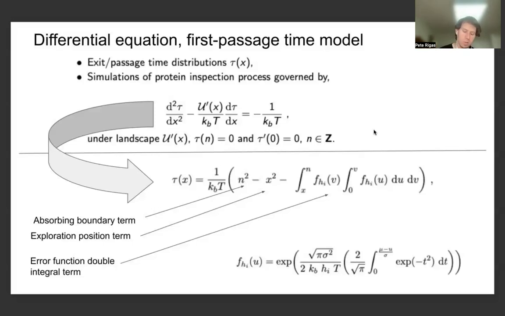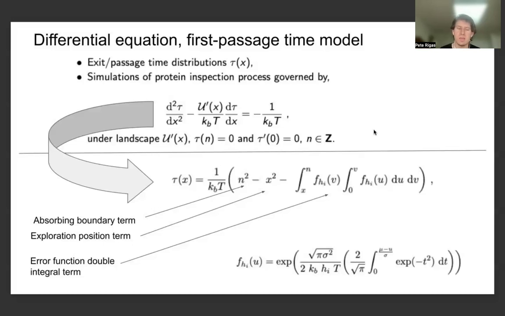And so when we have this type of ODE under different assumptions on the landscape potential term, the script u prime of x term, which appears in front of the first derivative, we can have different types of expressions or approximations, which are pretty much the same as the explicit solutions that we would be able to get from looking at the solution to this second order differential equation with the non-constant coefficient in front of the first derivative of the solution.